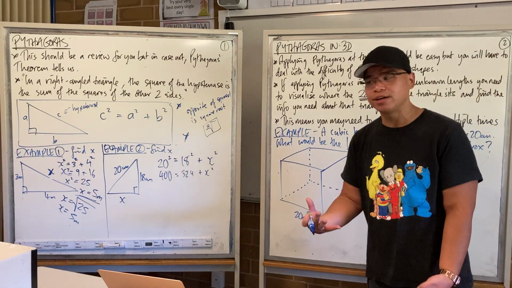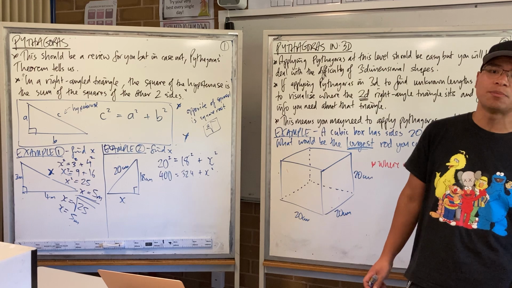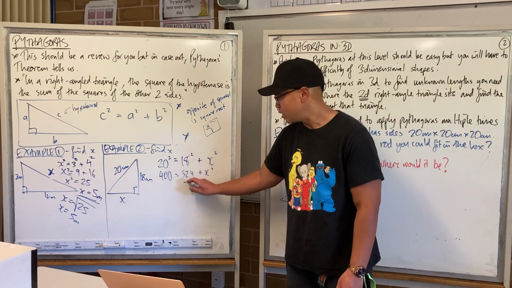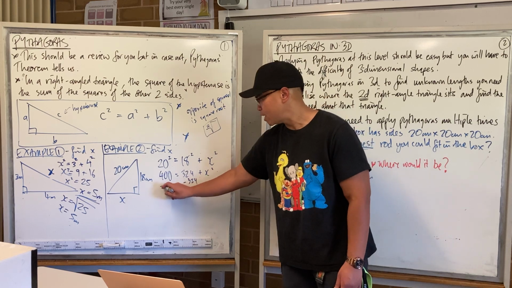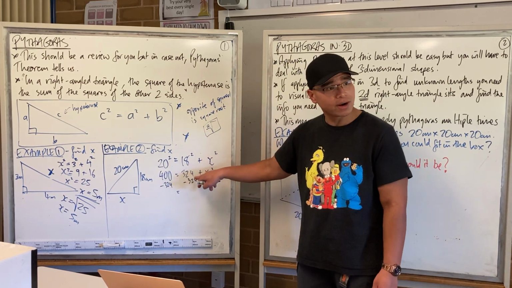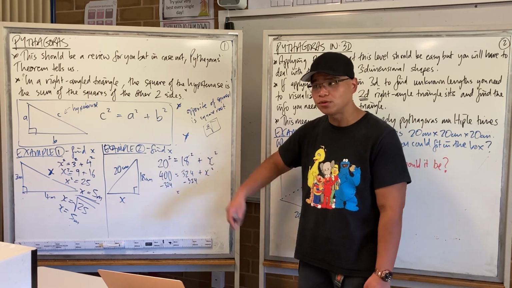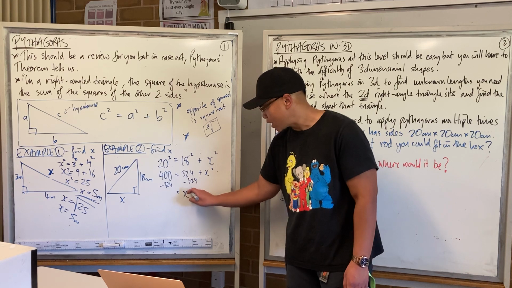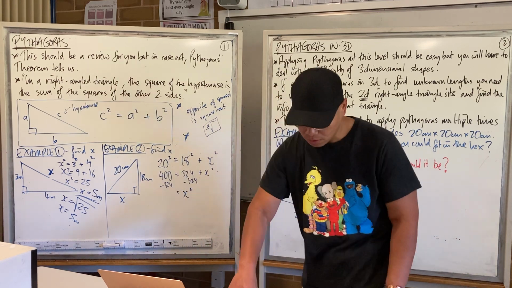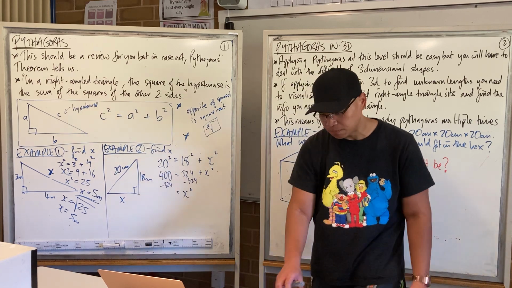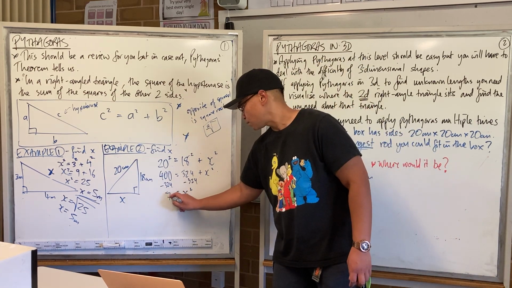So how would I get rid of positive 324? What's the opposite of adding 324 to something? Take. So if you took 324 from both sides, is there going to be any numbers left on the right hand side? 324 take 324, what's left? Nothing. So the only thing left is going to be x squared equals 400 minus 324, 76.